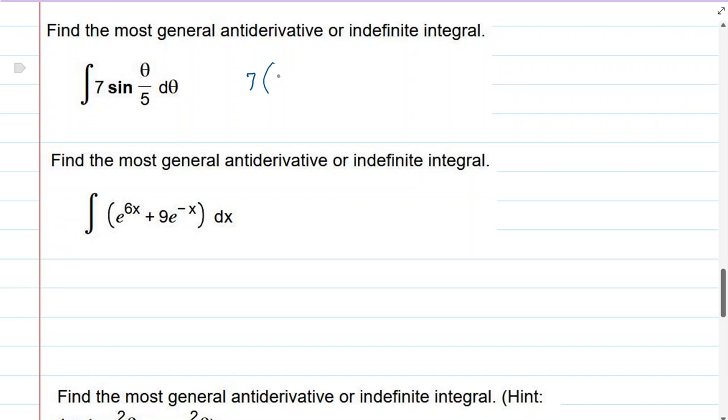It's positive, so I'm going to have a negative. Now remember, I'd have to do the derivative of theta divided by 5, which would have been 1/5. So it's a division, so it would be a multiplication.